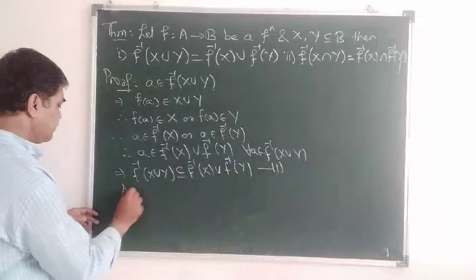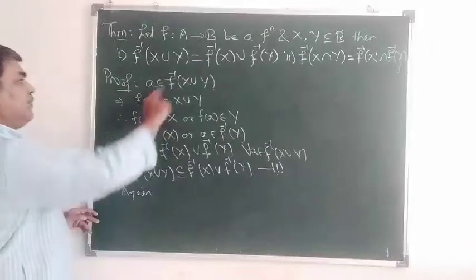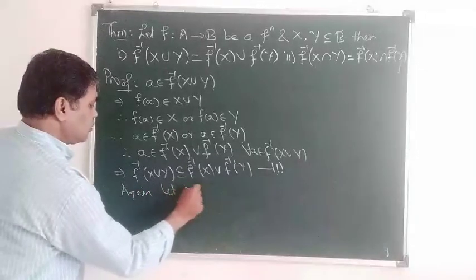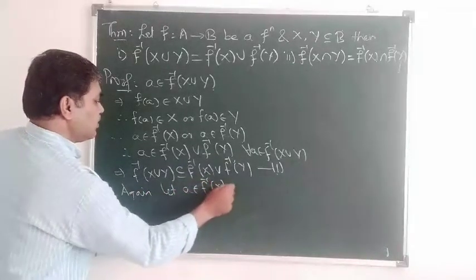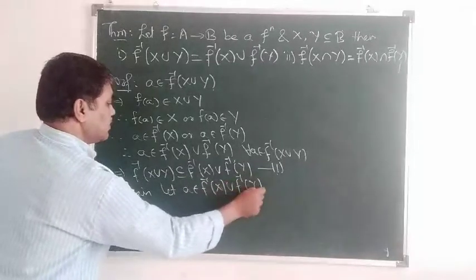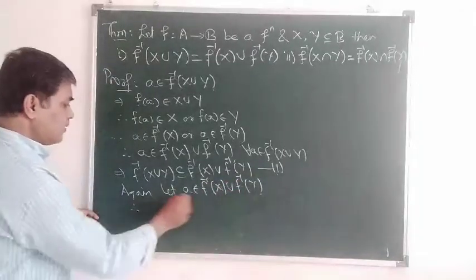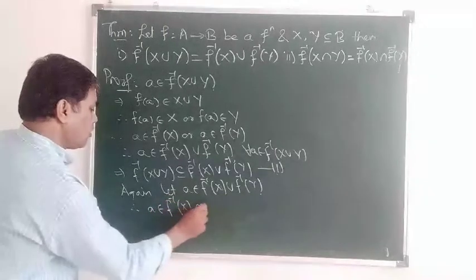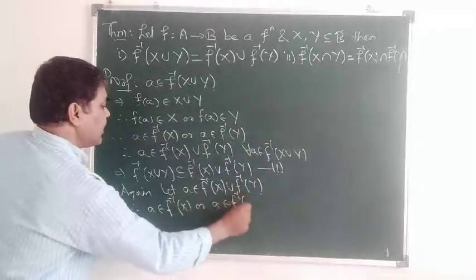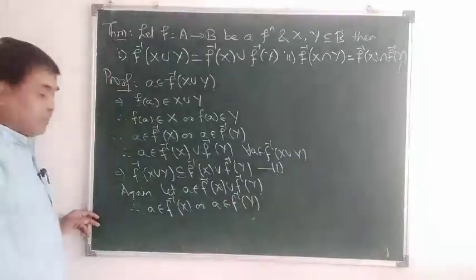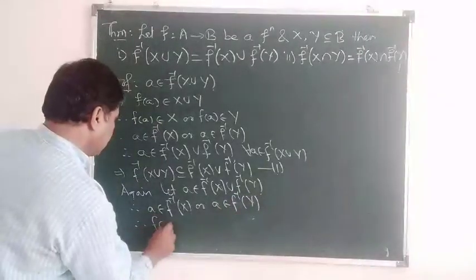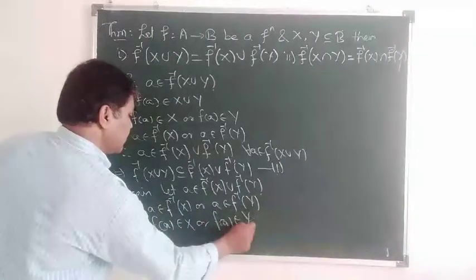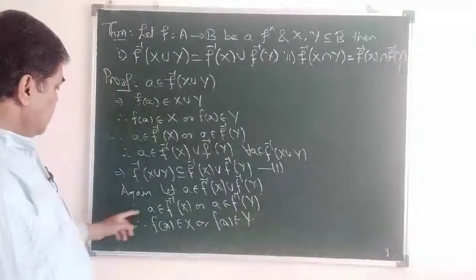Again, we'll take an element from the right hand side. Let a belong to f inverse X union f inverse Y. Therefore, a belongs to f inverse X or a belongs to f inverse Y, just by using the definition of union of two sets. Therefore, f of a belongs to X or f of a belongs to Y. Is it clear?